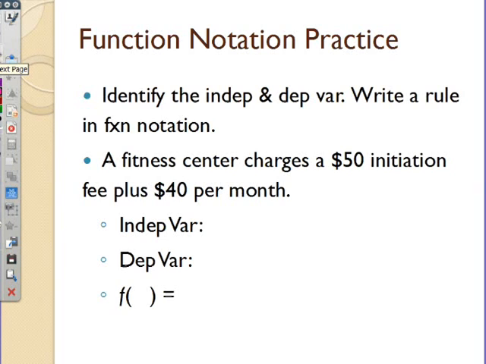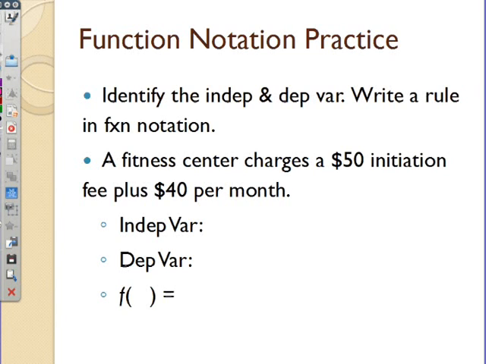Same game. Okay, write the problem down. Pause it if you need to. A fitness center charges a $50 initiation fee plus $40 per month. Okay, $50 initiation plus $40 per month. And we're trying to figure out, basically, how much does it cost to belong to the fitness center?